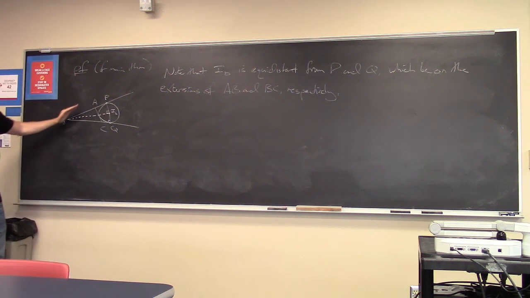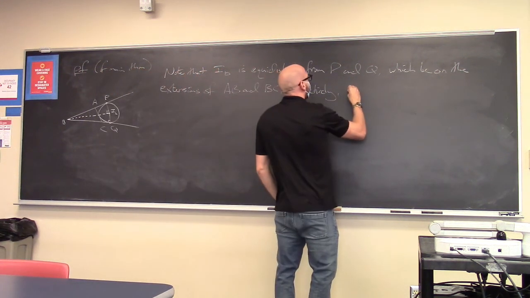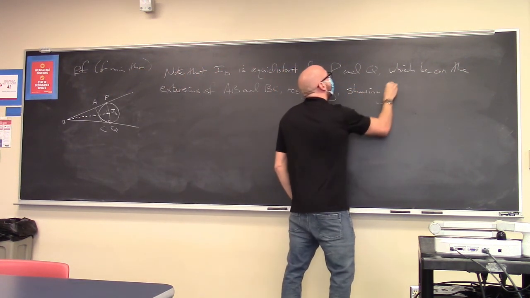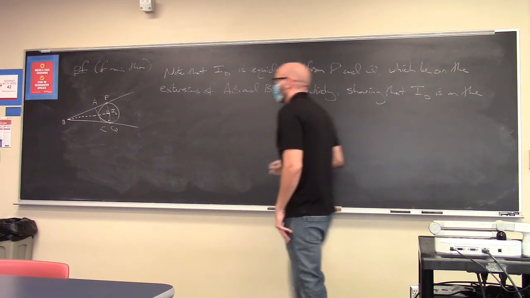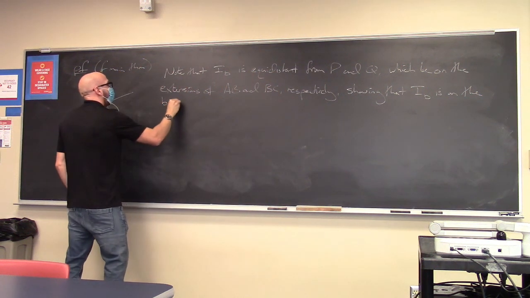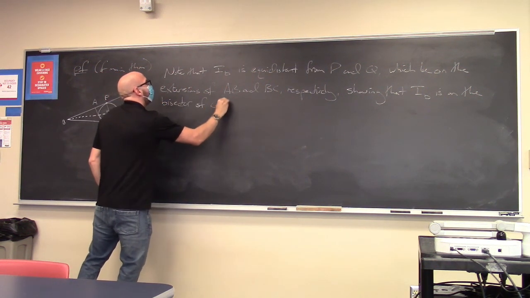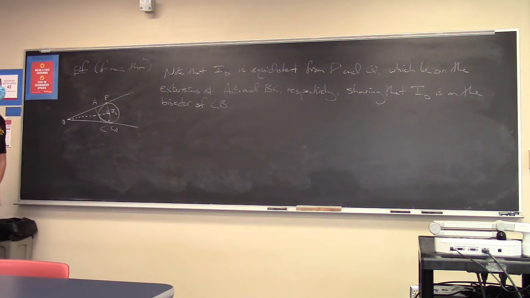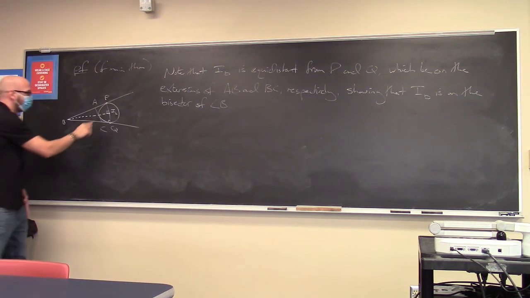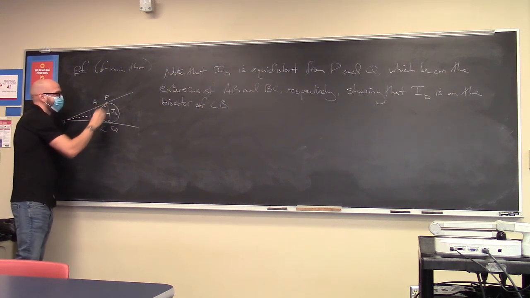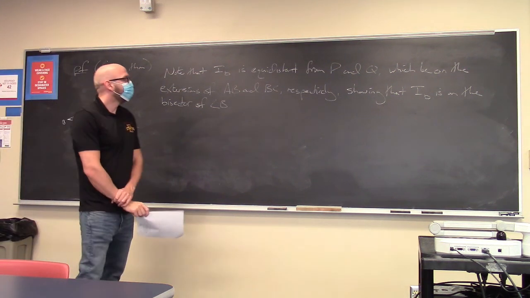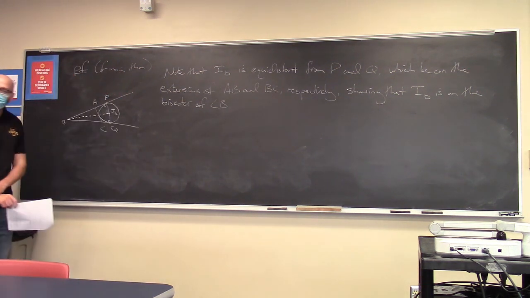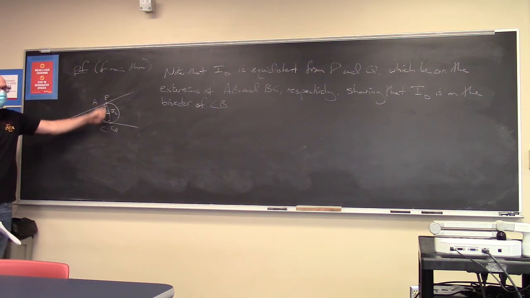So this shows that I_B is on the bisector of angle B. Maybe that's why the textbook doesn't formally prove it, because it's kind of obvious. By the way, I labeled the wrong right angle there. That's the right angle. Do you guys remember that? A point is on the angle bisector if and only if it's equidistant from both sides.